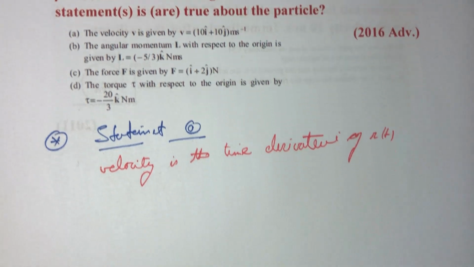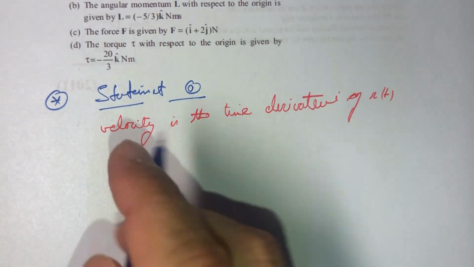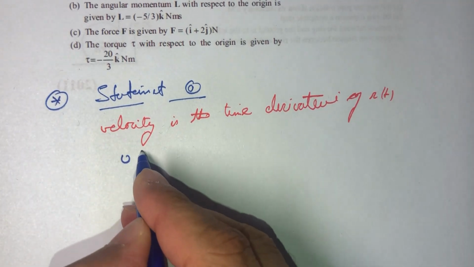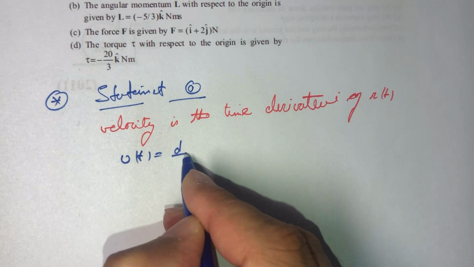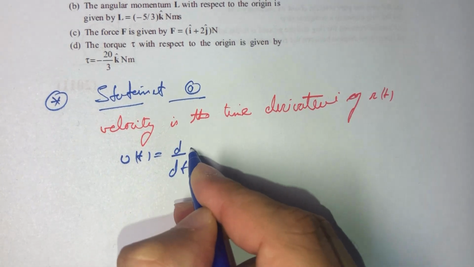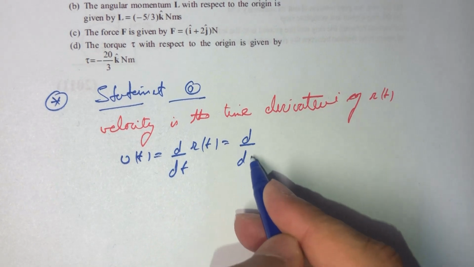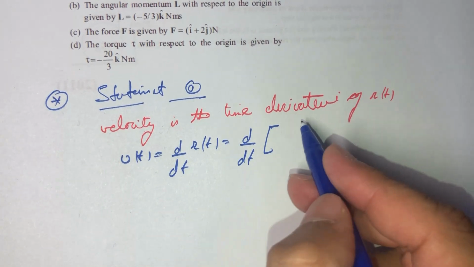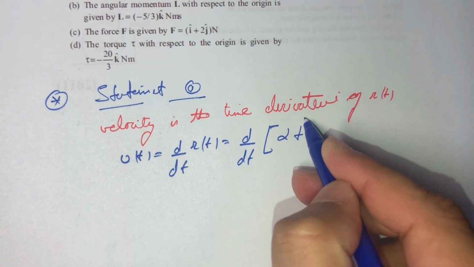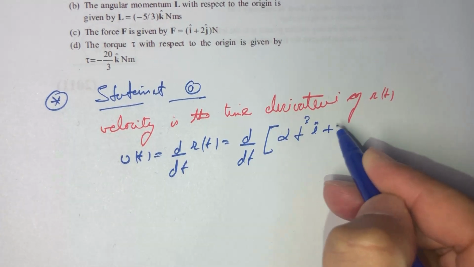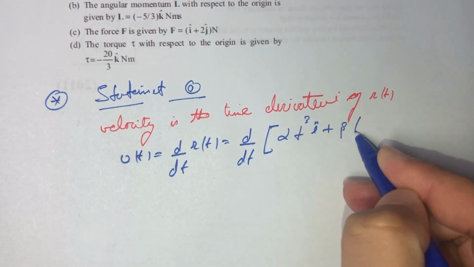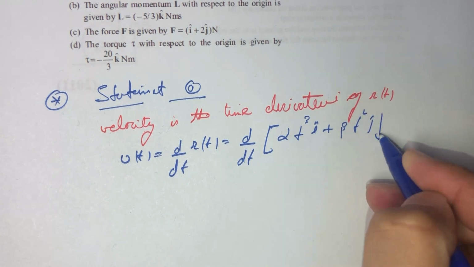Therefore, we can write it in the form of the formula that v of t will be equal to d upon dt of r of t. So we get d of dt, and r of t is given as alpha t cube i unit vector plus beta t square j unit vector.